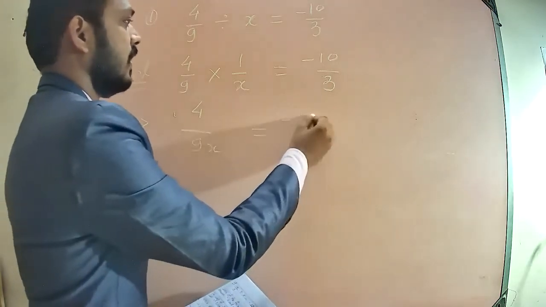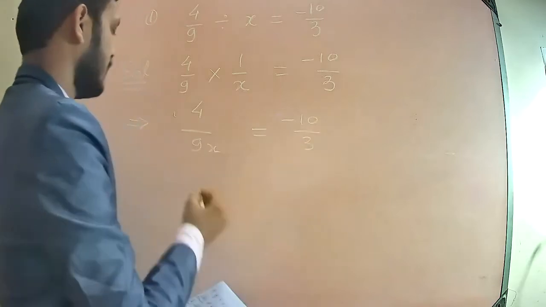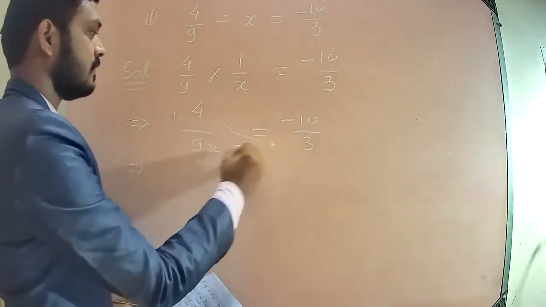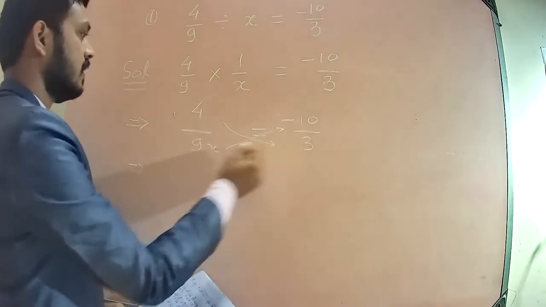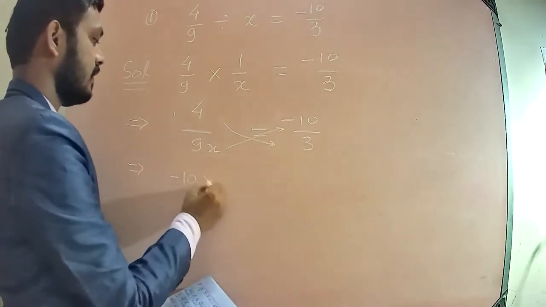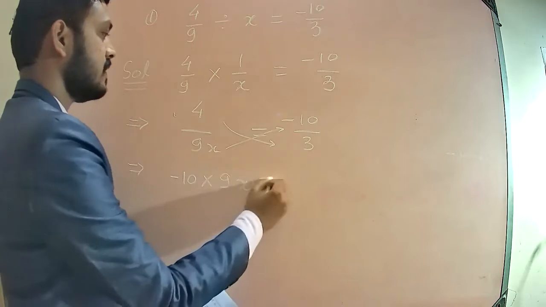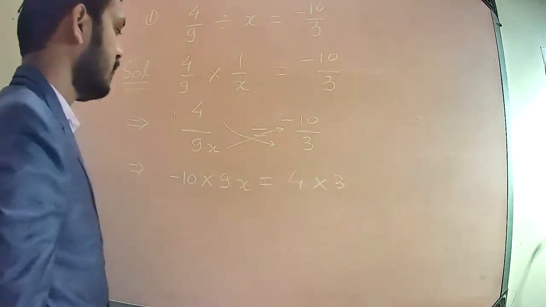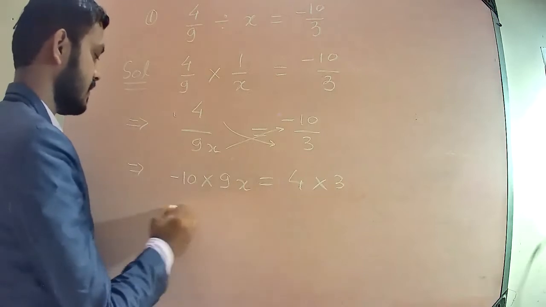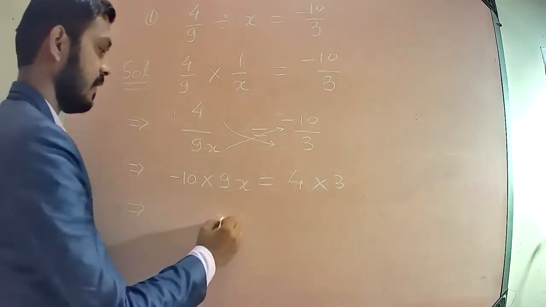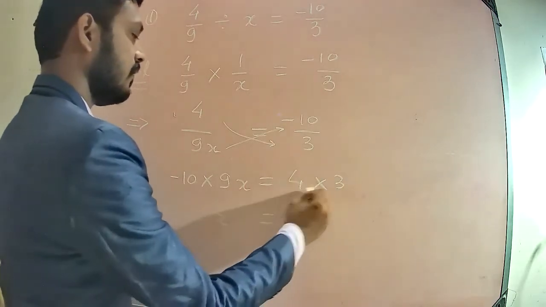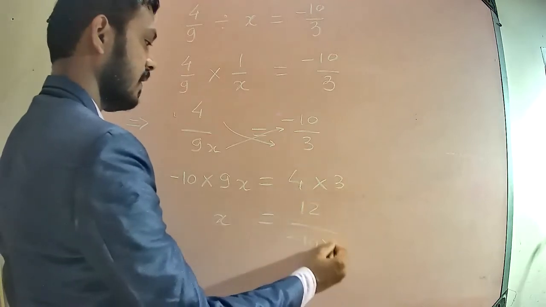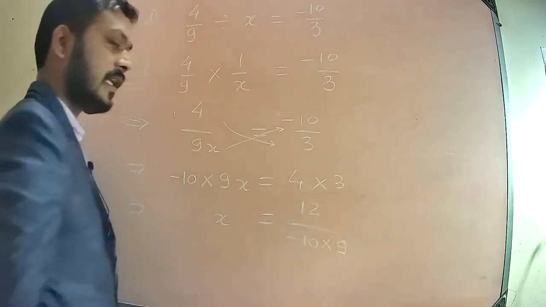So minus 10 by 3. Again solving this given expression, cross multiplying, that becomes minus 10 into 9x is equal to 4 into 3. So finally x is equal to 4 threes are 12 divided by minus 10 into 9, and calculate the value of x.